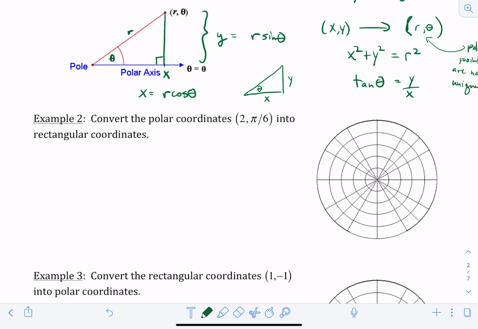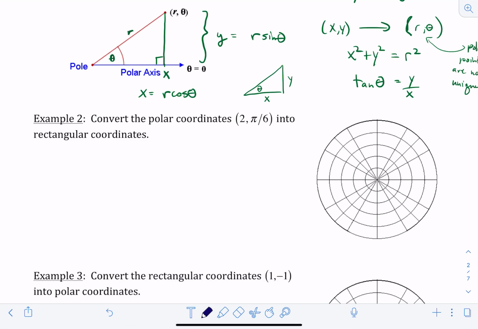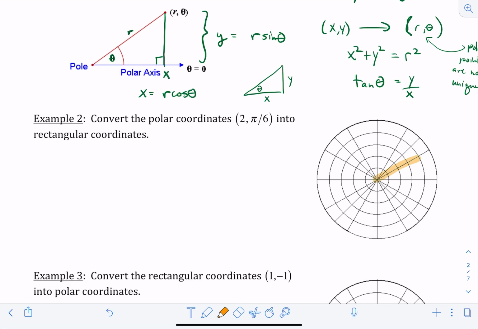Okay, so let's look at some examples over here. It says convert the polar coordinates 2, pi over 6 into rectangular coordinates. So when I look at this, let's plot it first.